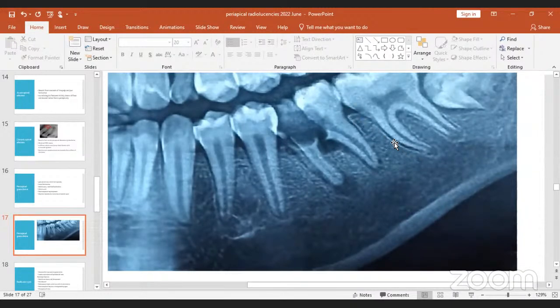The radiopaque area, that is a thick bone, cortical bone. So when you look at this tooth, you cannot find that radio-opacity that borders the periodontal ligament space. And you can see that the periodontal ligament space is widened.